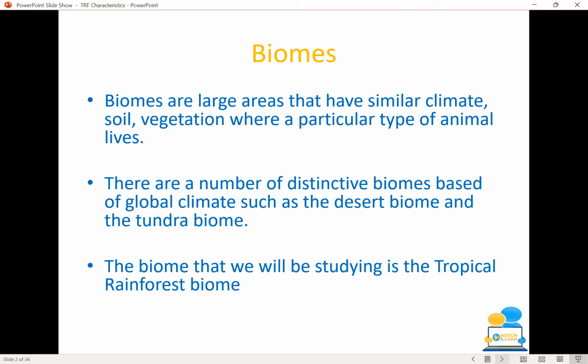For the purpose of this study, we're also going to focus mainly on the Amazon rainforest biome, as this is the biggest tropical rainforest in the world and has the most plentiful flora and fauna. So we're going to focus our studies on the Amazon rainforest in South America, and specifically Brazil, because a lot of you will have studied Brazil in your regional geography. This matches in very well with your previous studies.